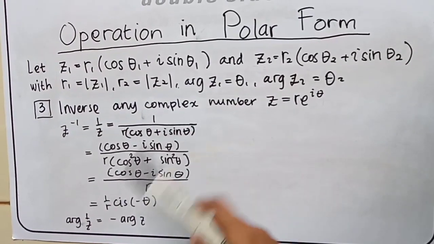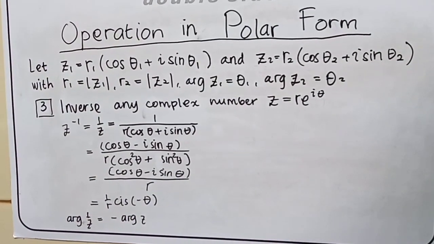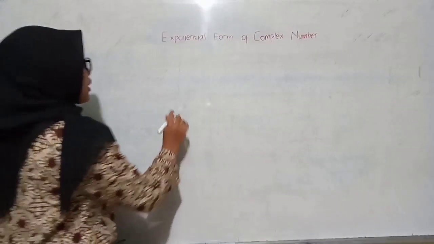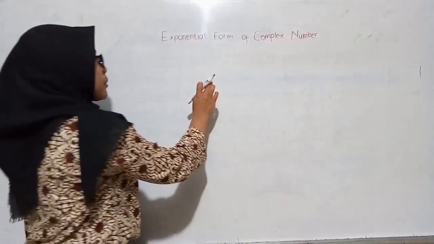That's all about the operations in polar form. Now we will discuss the exponential form of complex number.